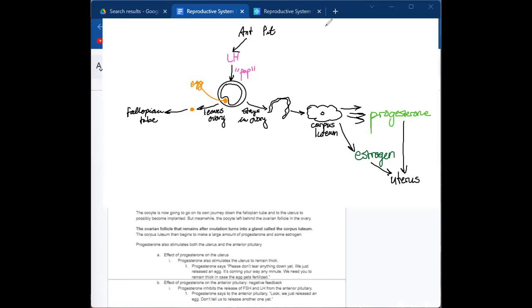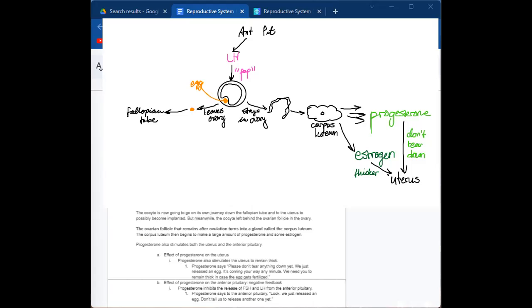But they send different messages. The estrogen tells the uterus to keep getting thicker and to keep thickening the endometrial lining. And then the progesterone is actually going to say, don't tear anything down.